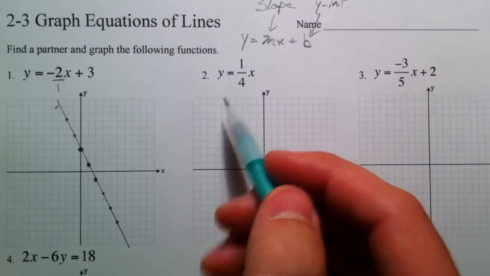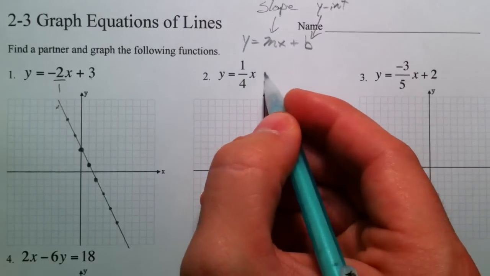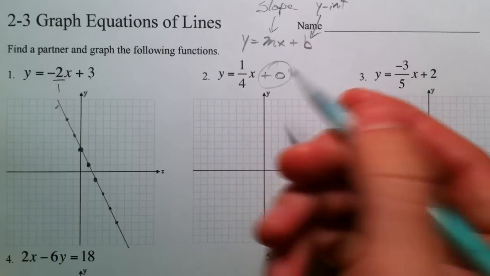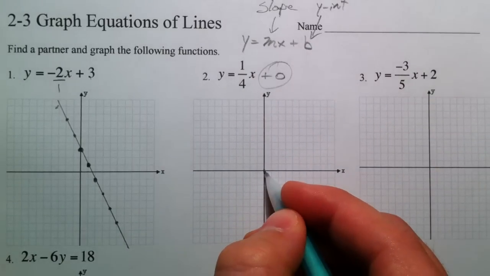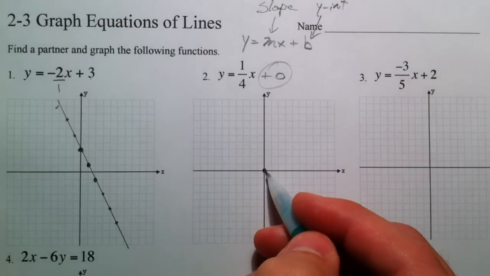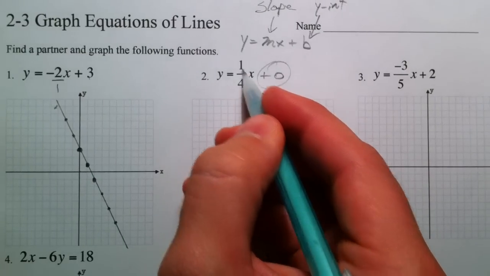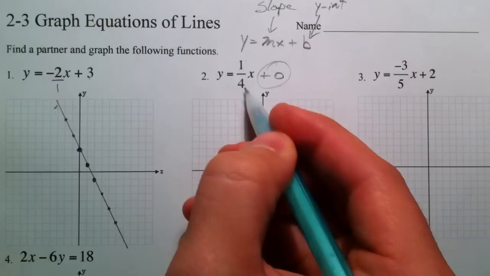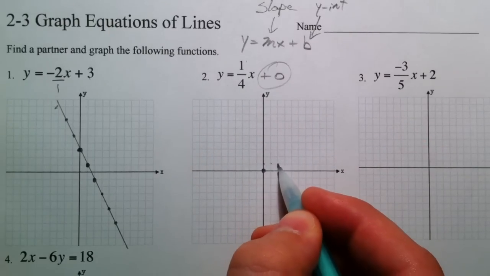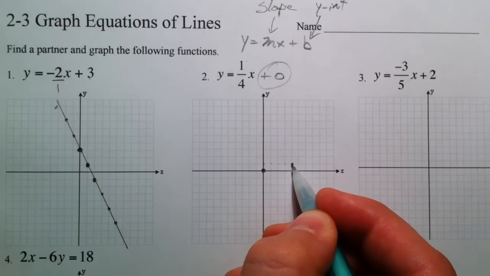This next one looks a little different because it doesn't have a b, so you can think plus 0. It's got a y-intercept of 0, and so it goes right through the middle, call it the origin, and we go rise 1 and run 4. That's our slope, rise over run. So up 1, 1, 2, 3, 4.